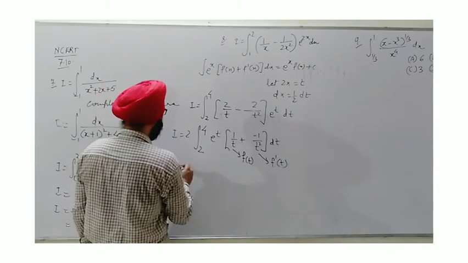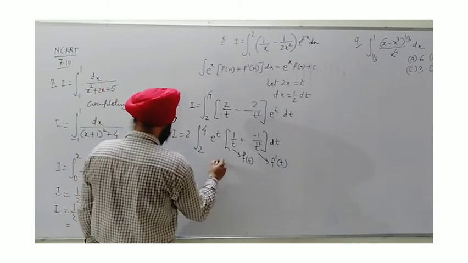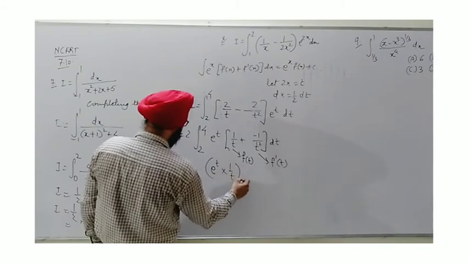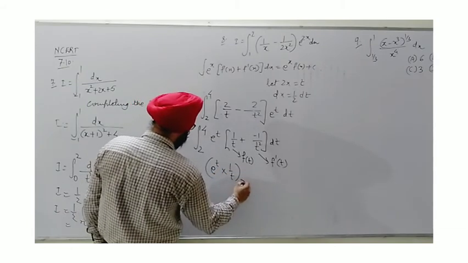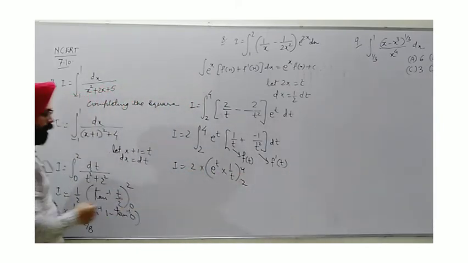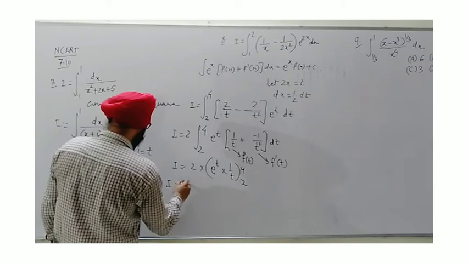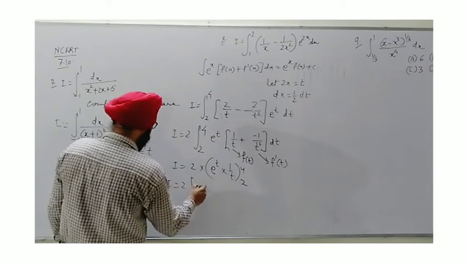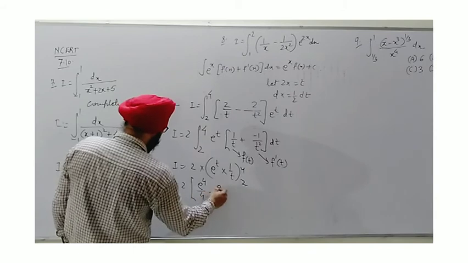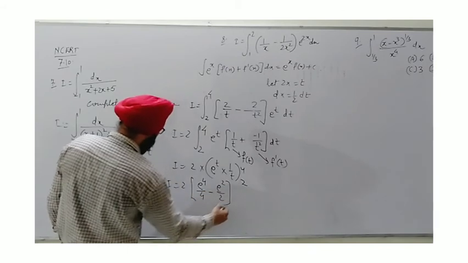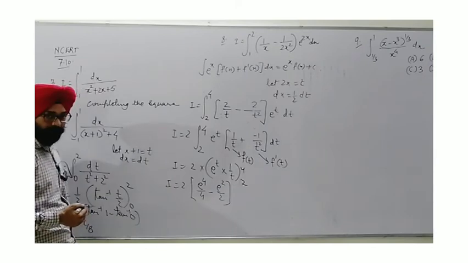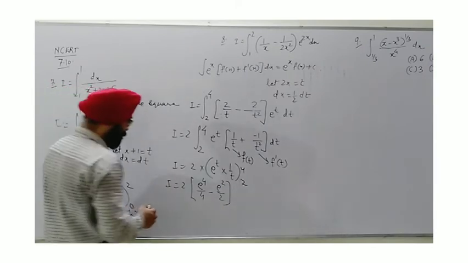That's why using this formula we can say the direct answer is e raised to the power t into 1 by t, with limits 2 to 4, multiplied by 2. Now replacing, we get e raised to the power 4 upon 4 minus e square upon 2. The only thing we can do is take common in terms of powers of e and LCM 4.